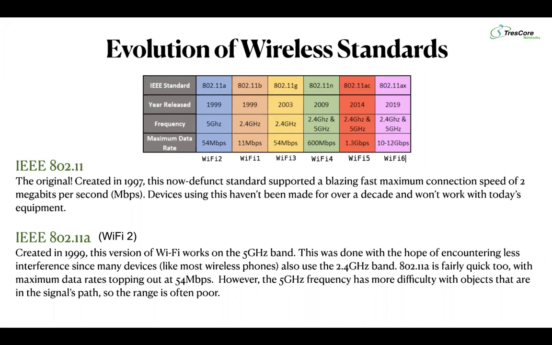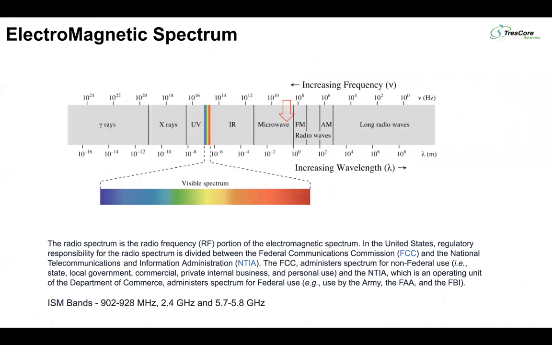It cannot travel as far. It actually interacts more with the surroundings than 2.4 gigahertz. For example, if you see the spectrum, anything that has lower frequency, or higher wavelength, you will always have better performance with respect to how far it can reach.